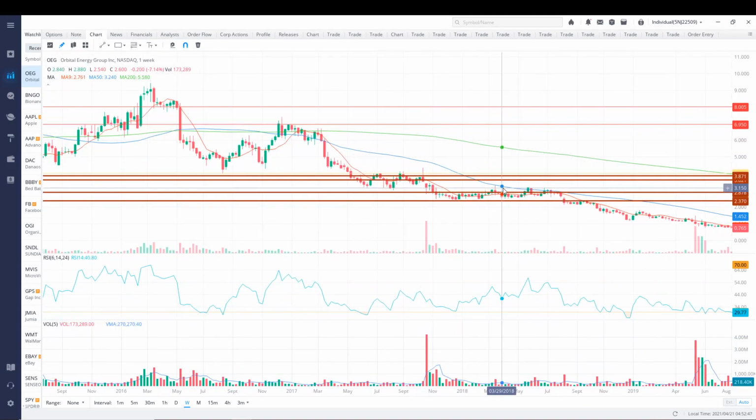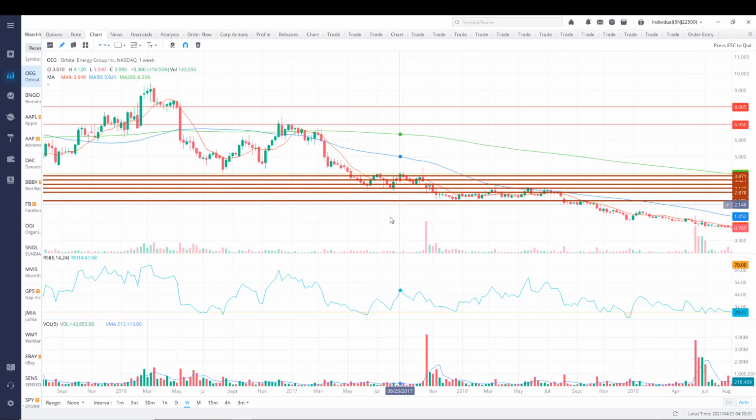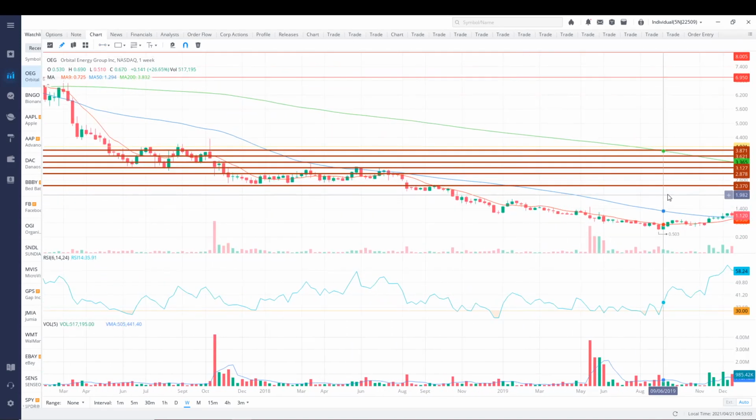But if you look on the weekly, this is an older company, and we do have some support within this range, which is something to keep an eye on. Keep an eye on that and that. So I just marked up the $2.87 mark and the $3.12 mark. These are all potential bounce points, which I think are possible.